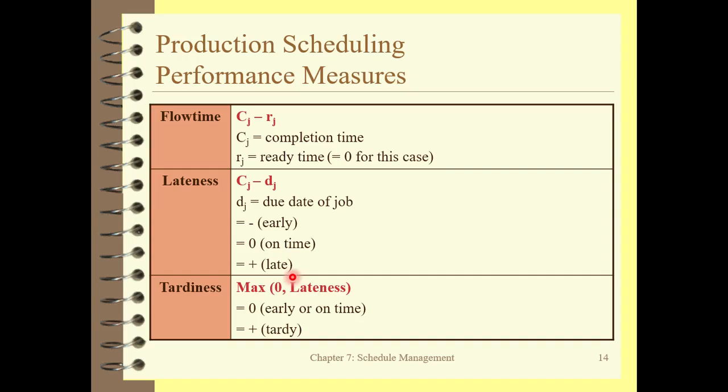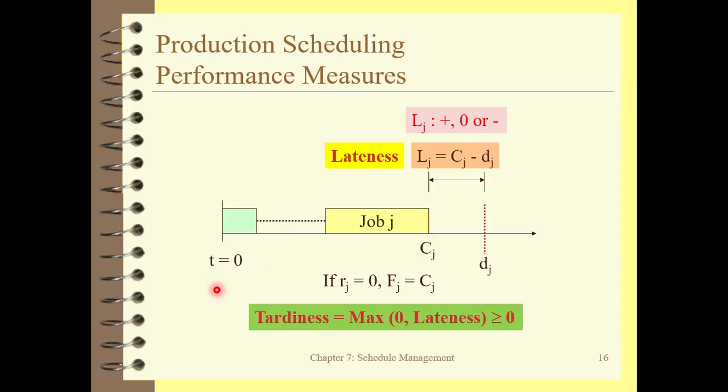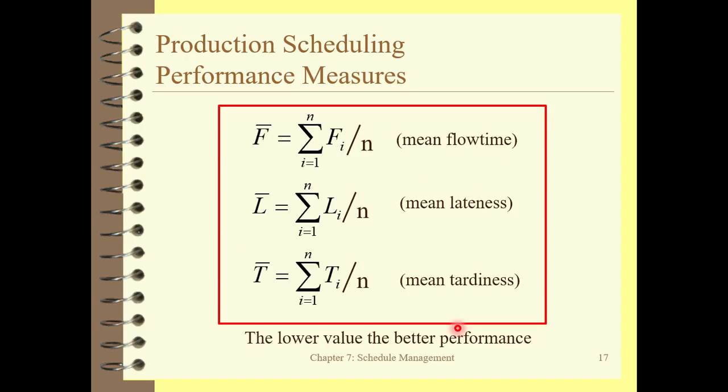So you need to calculate lateness first, and whenever lateness is negative, you reset it to 0. But whenever lateness is positive, you use that value as the tardiness. Tardiness is equal to the maximum of 0 or lateness, and tardiness is always greater than or equal to 0.